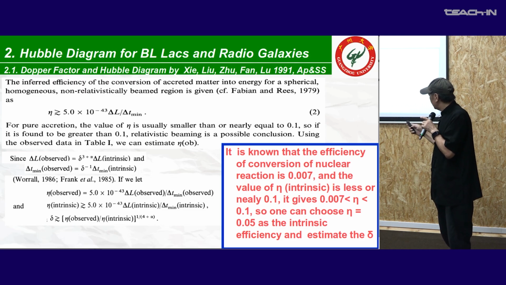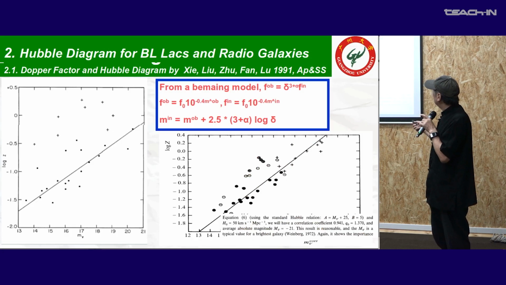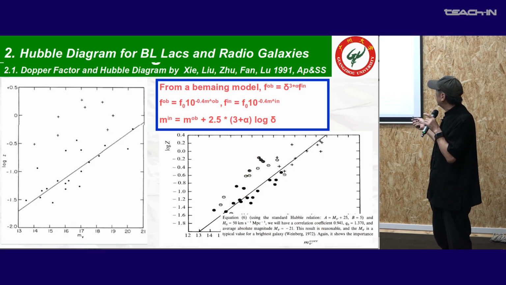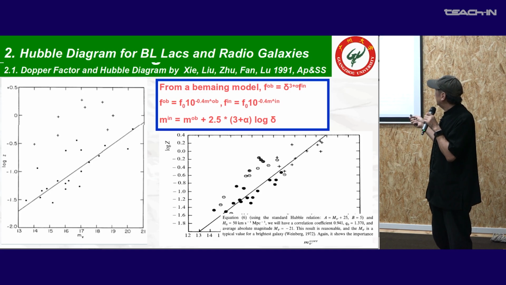So when we consider the beaming effect, the observed flux density is correlated with the intrinsic flux density by the Doppler factor. We can get the Doppler factor, and we can change the observed flux density to magnitude. This is the observed magnitude and this is the intrinsic magnitude.